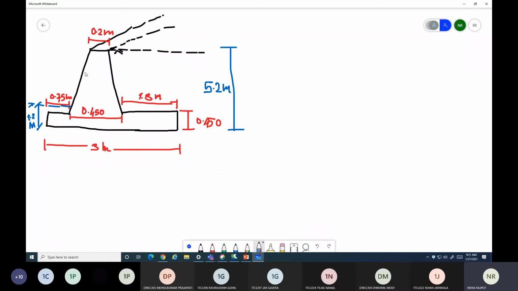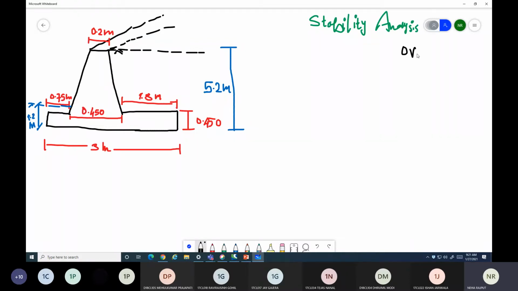Now, as we have preliminary dimension of retaining wall, next we need to check whether all these provided dimensions are correct or not, and that you can do by stability analysis. And what is stability analysis? You are checking whether your retaining wall is stable against the force or not, and that you can do by three ways.